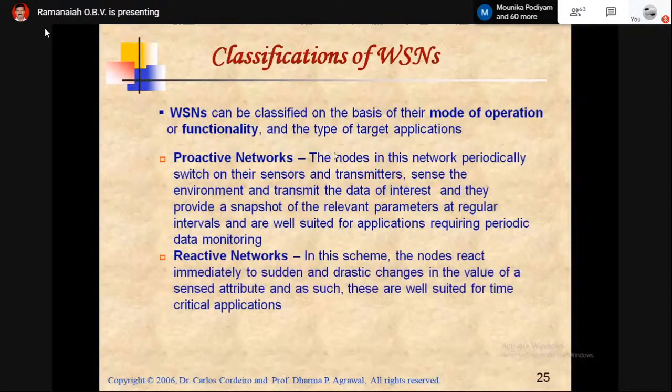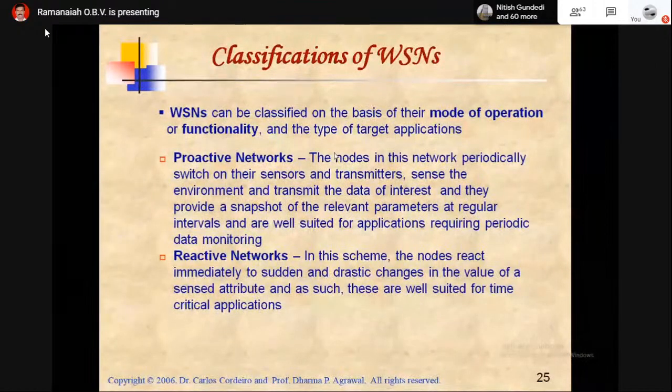The nodes react to sudden and drastic changes in the value of the parameter. Suppose the sensors are immersed in a boiler, they are bound to detect both the temperature and the pressure. If the temperature is to be maintained at about 75 degrees Celsius in the boiler, and suddenly the temperature rises from 75 degrees to 80 degrees, then that is an alarm.